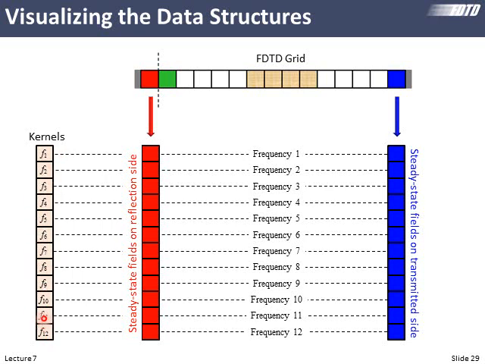We will need to calculate 12 different kernels, and we will be storing an array of 12 different numbers associated with this block in the grid, and 12 more numbers, which will be the transmitted fields, for the transmitted side of the grid. And inside each one of these, we will be tallying and adding up a Fourier transform. We do that on the reflected and transmitted side. So that's how I visualize the data as we're calculating it.